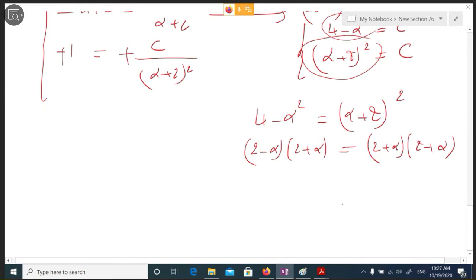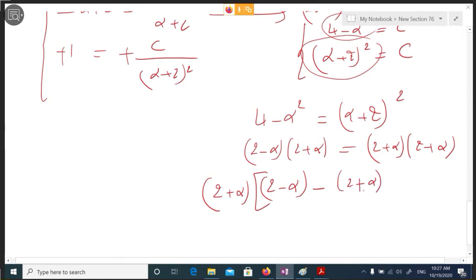Okay, is that clear now? We cannot cancel 2 plus alpha, because 2 plus alpha may be 0, and we don't cancel 0. So we bring all of them to one side and take 2 plus alpha as common factor. It is multiplied by what? 2 minus alpha minus 2 minus alpha.